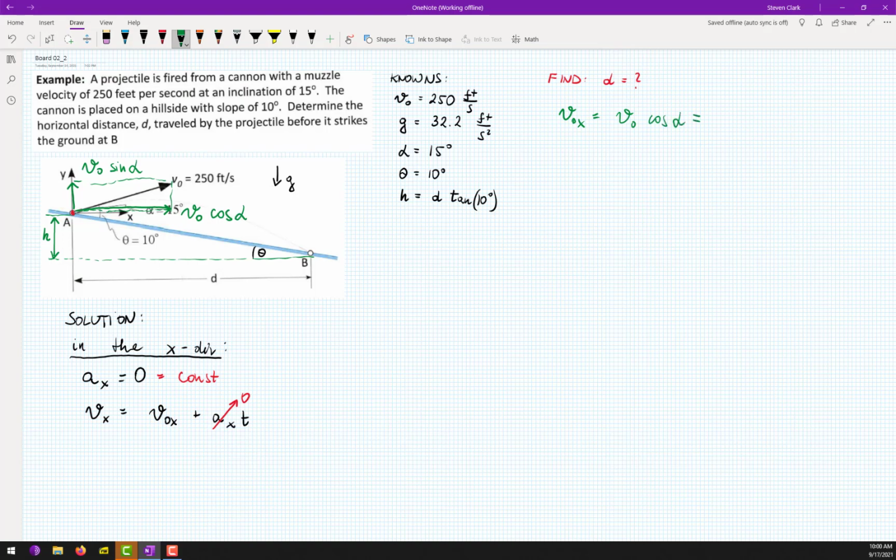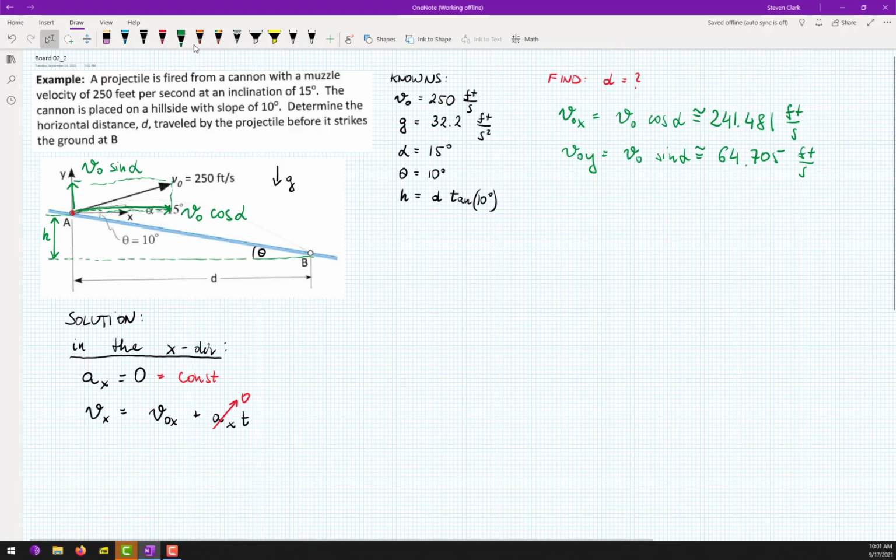Plug in values, and you can obtain that this is approximately 241.481 feet per second, and V0y is V0 sine alpha, approximately 64.705 feet per second.